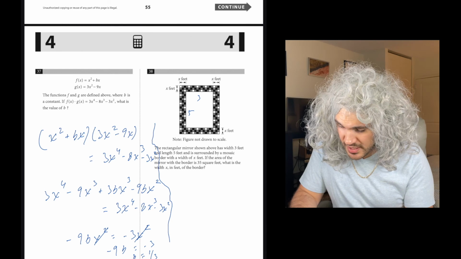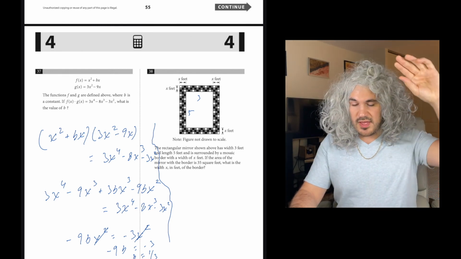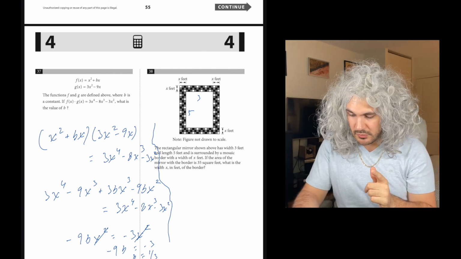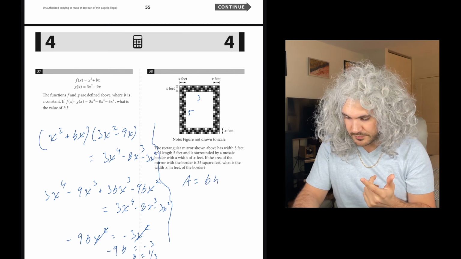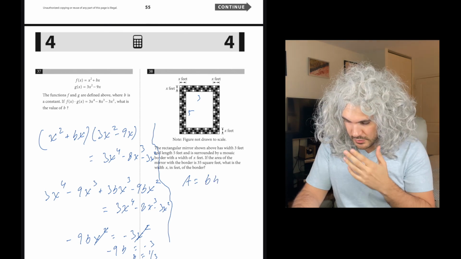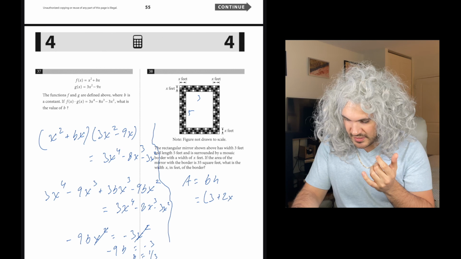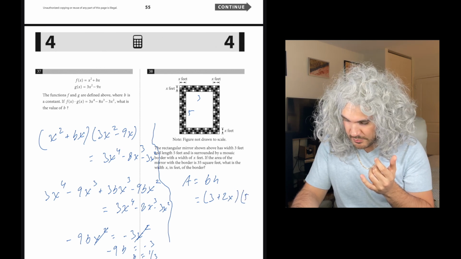So the way you would do that is the width is, we have an x and a 3. So first of all, area equals base times height, or length times width, whichever. So this is going to be 3 plus 2x, and then we're multiplying this by 5 plus 2x.